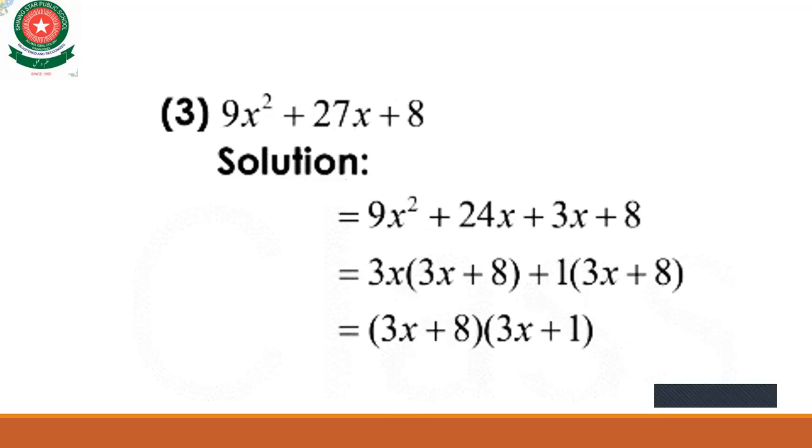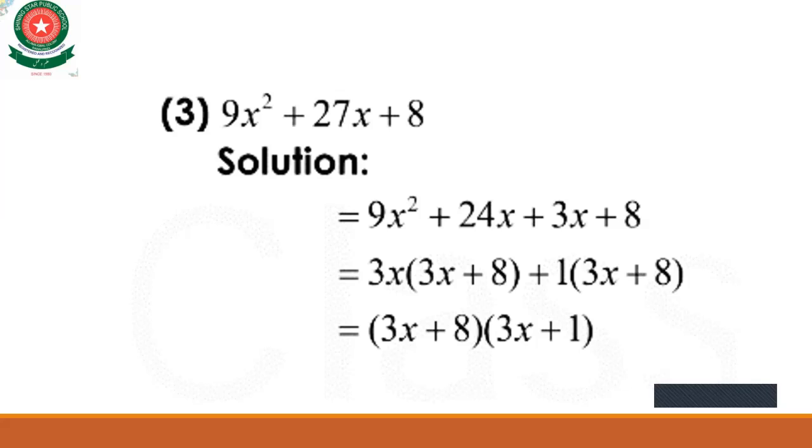Our third question is 9x square plus 27x plus 8. We can solve this by breaking the middle term. You can write 27x as 24x plus 3x.